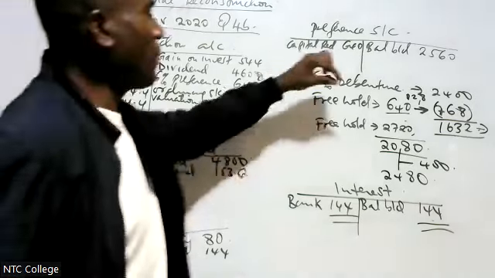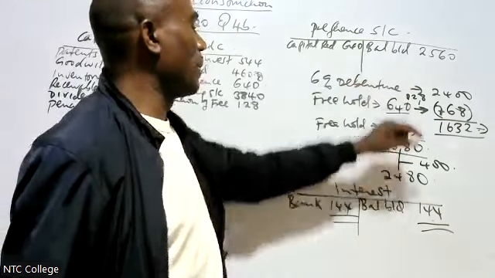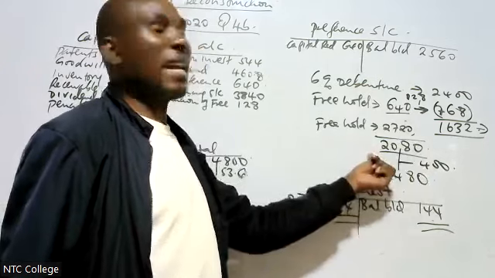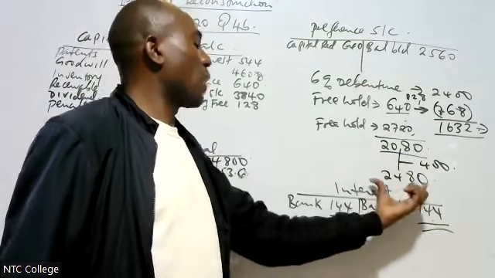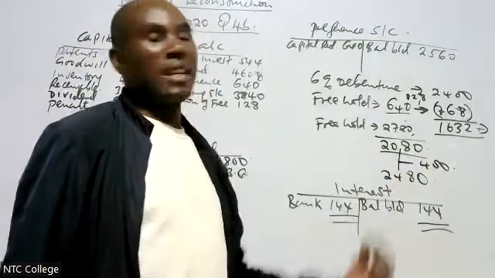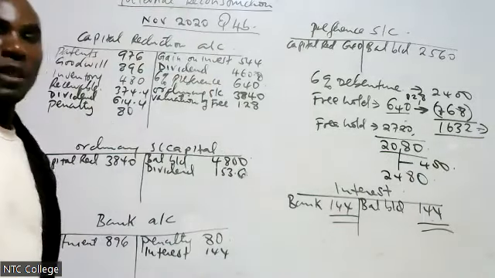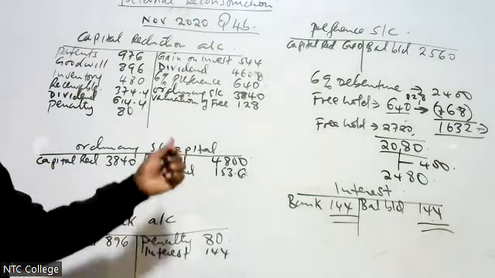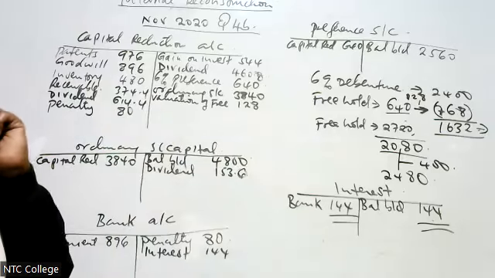Then after I have reduced this freehold, I'm remaining with 2080. Then examiner told us in note number 1 that we revalue this. Therefore, there is a revaluation gain on asset. When you gain on asset, you debit asset, you credit the capital reduction.